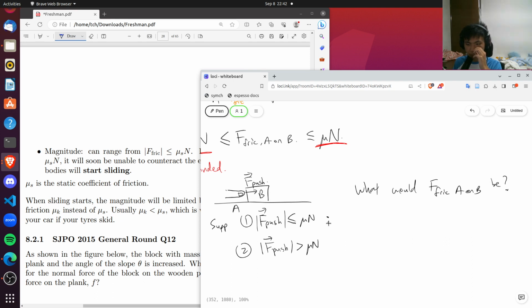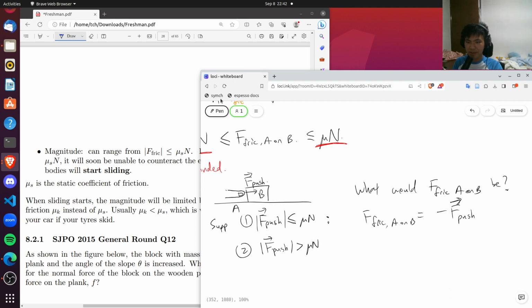So in the first scenario, if we take rightward as positive, the frictional force of A on B would be negative of F push. Negative of F push as a vector.